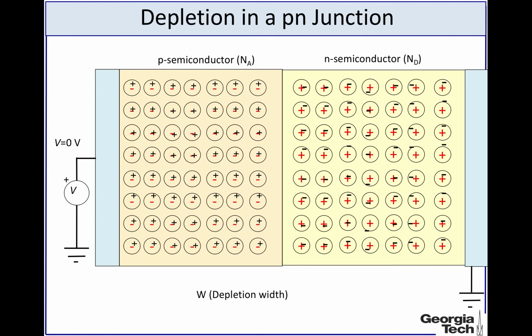All right, and on the n side on the right, these circles again represent the donor atoms. The plus sign represents the positive charge in the nucleus, which compensates the negative charge of the electron that this donor atom can give.